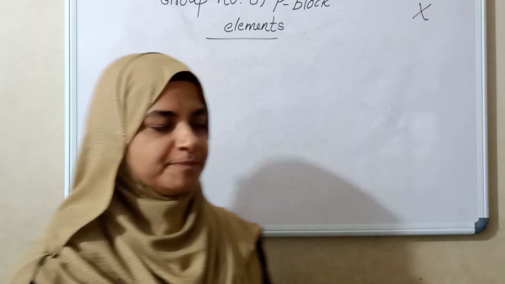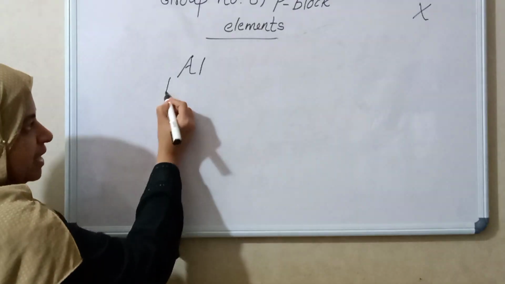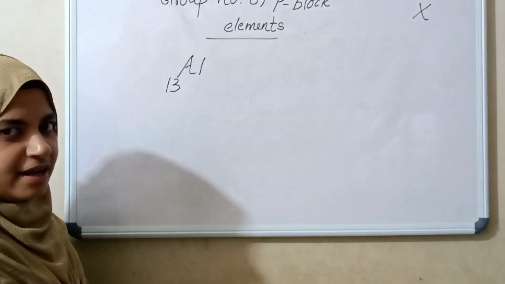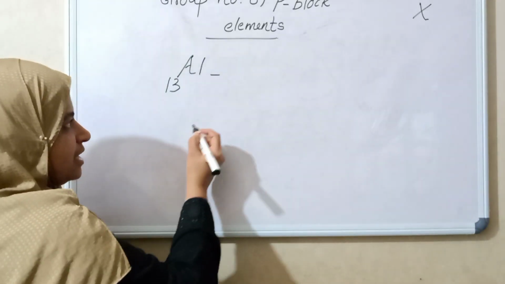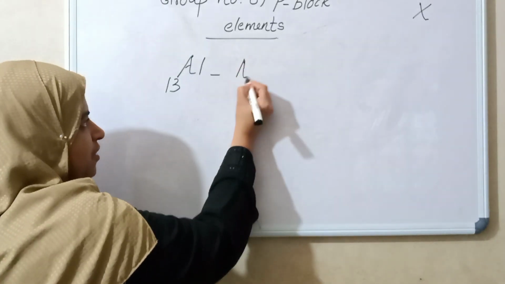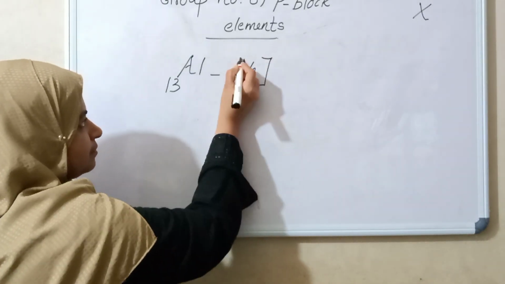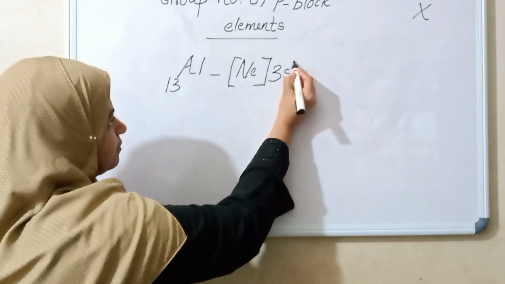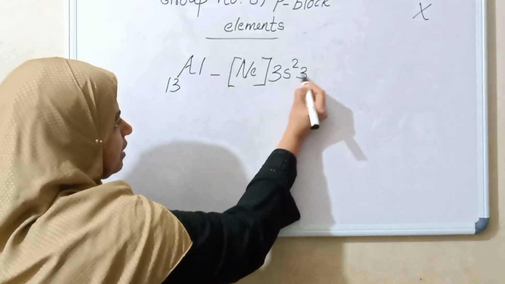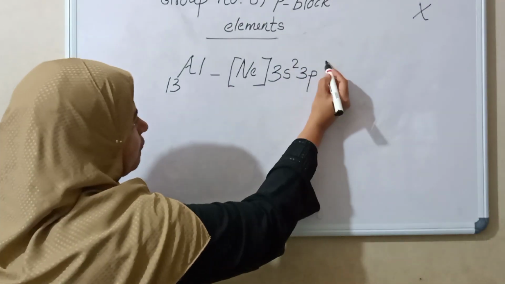For an example, aluminium, atomic number 13. This can be written in short form as neon, then 3s2, 3p1.